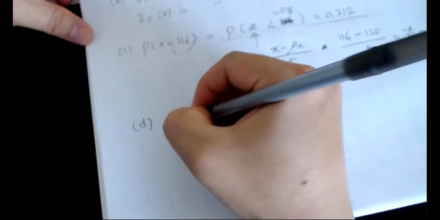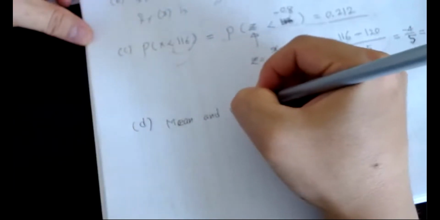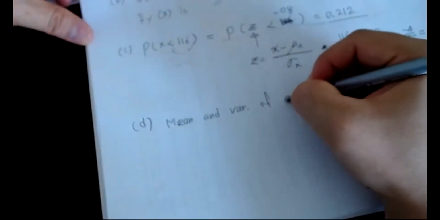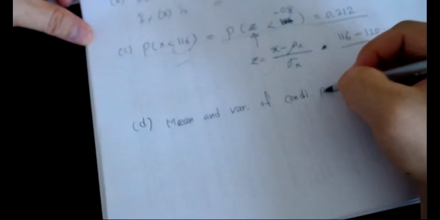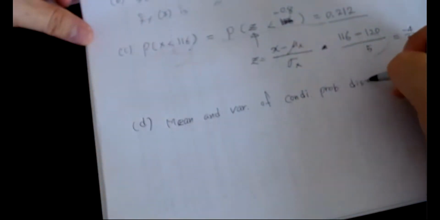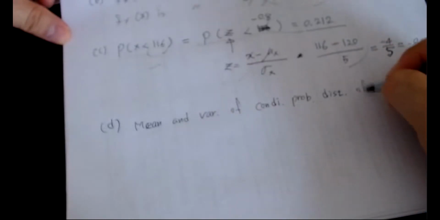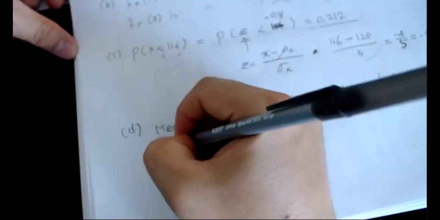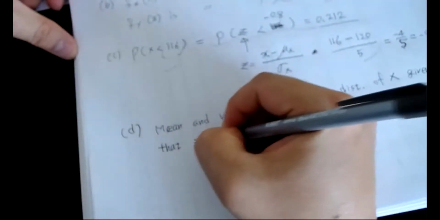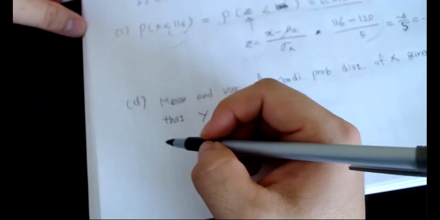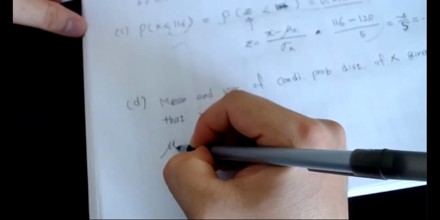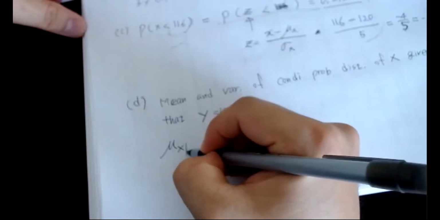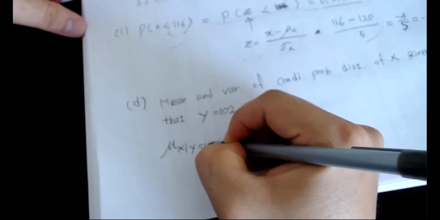So we find the mean of the conditional distribution, mean of X for Y equal to 102.